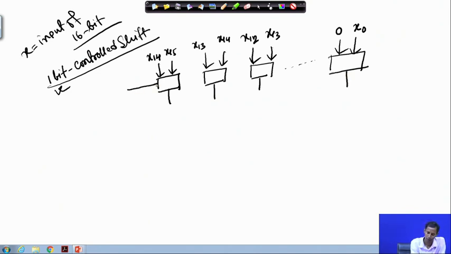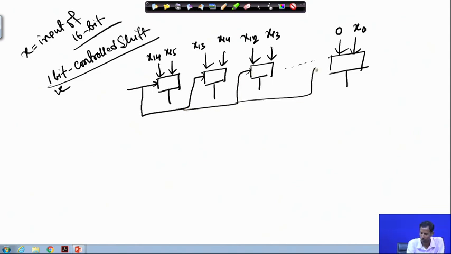Now each of these will be connected something like this. This is the select line, or S0 if I say. So, this is 2:1 mux. So, this is the mux. So, this is 1 bit control shift operation.